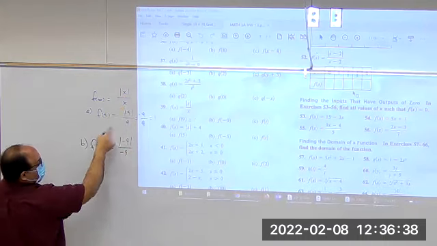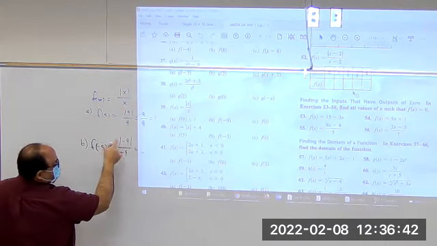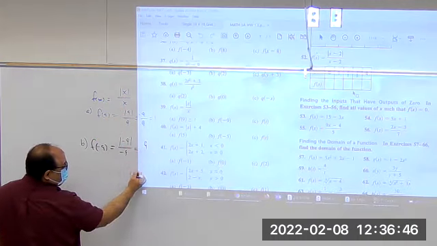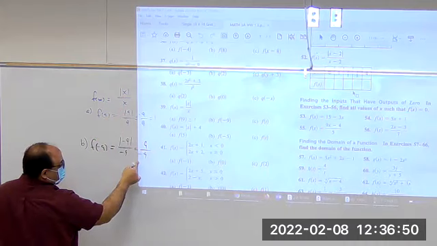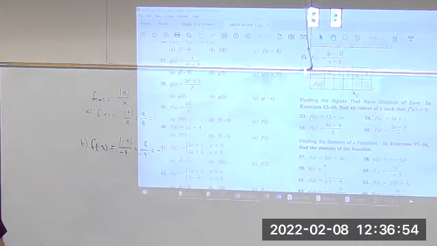So it's the absolute value of negative 9 over negative 9. In the numerator, the absolute value of negative 9 is positive 9 over negative 9. 9 divided by negative 9, we get a negative 1. So we get 1 for the first part. On the second one, we get a negative 1.